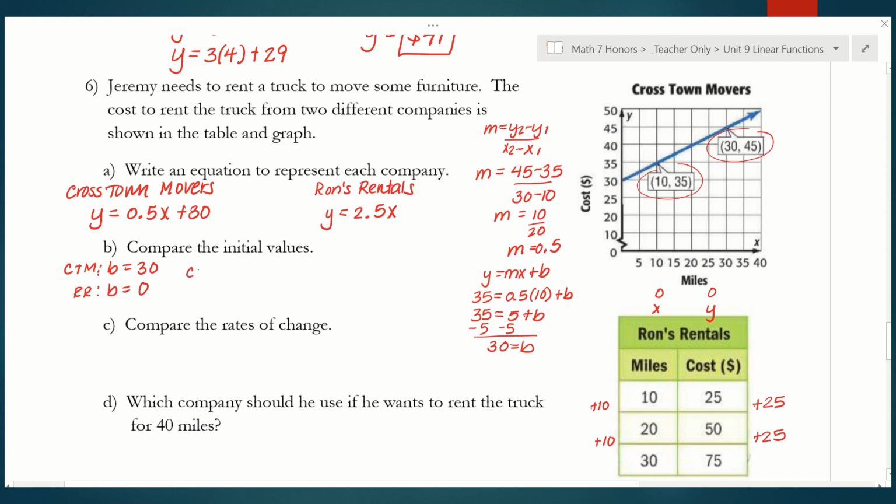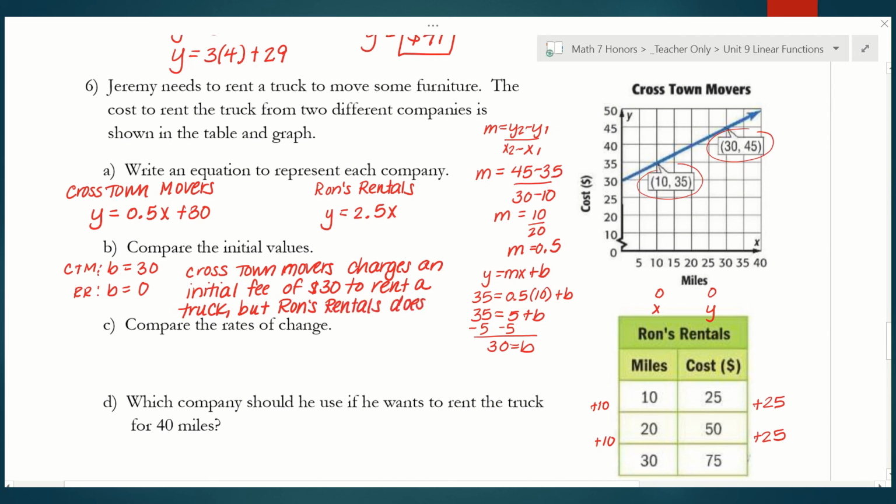So I'm going to say Crosstown Movers charges an initial fee of $30 to rent a truck, but Ron's Rentals doesn't charge anything.